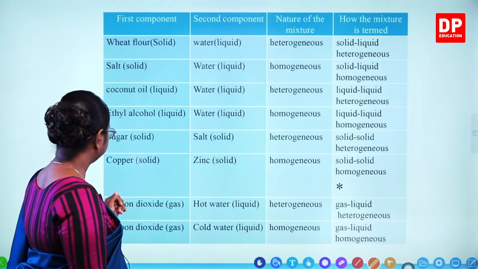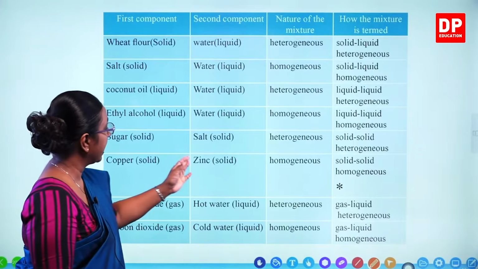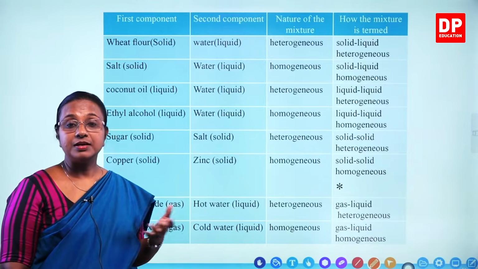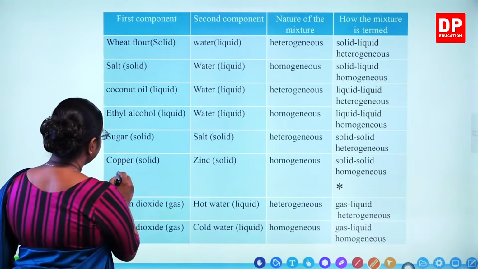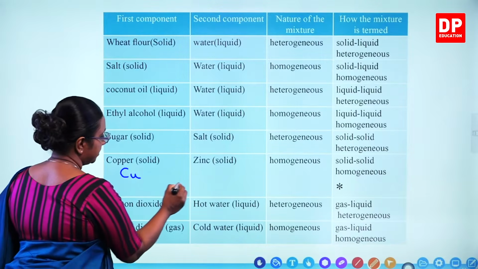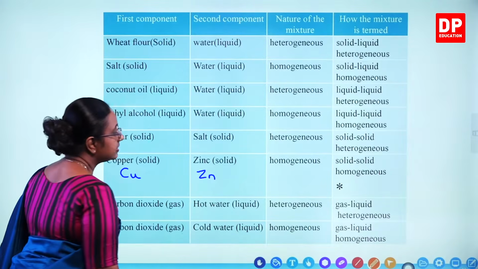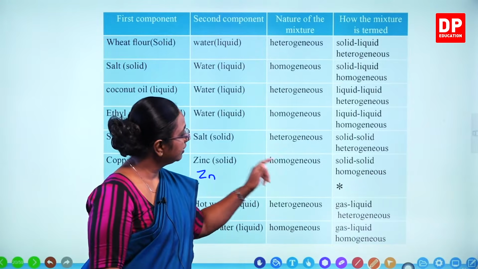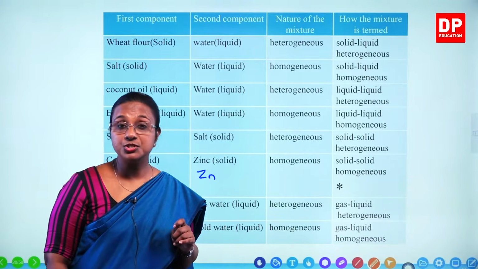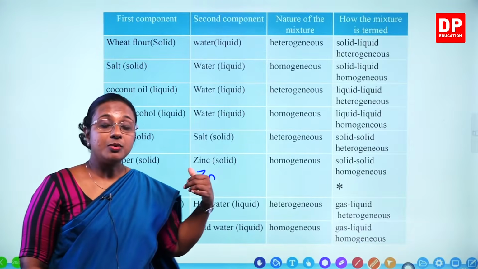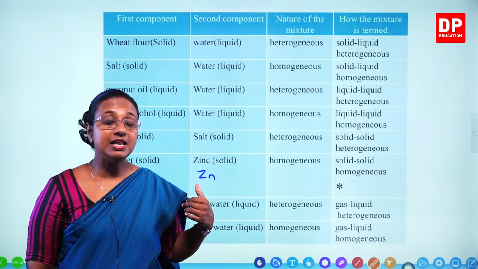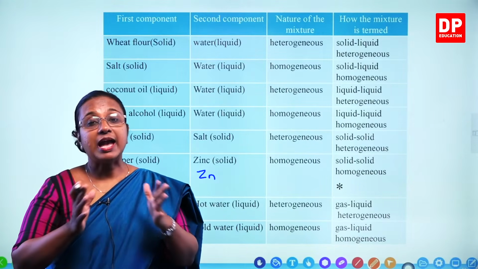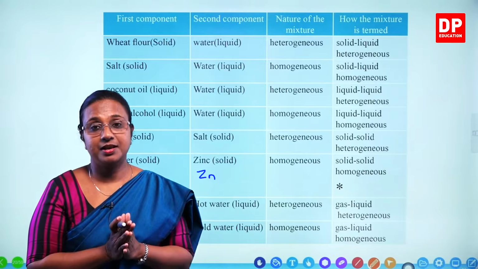The next one, copper solid and zinc solid. You know these two are metals. The symbol of copper is Cu, and zinc is Zn. When they are mixed together, it says here it's a homogeneous mixture. Now earlier when I explained, I said when you make small pieces of iron and copper, you can identify them separately.